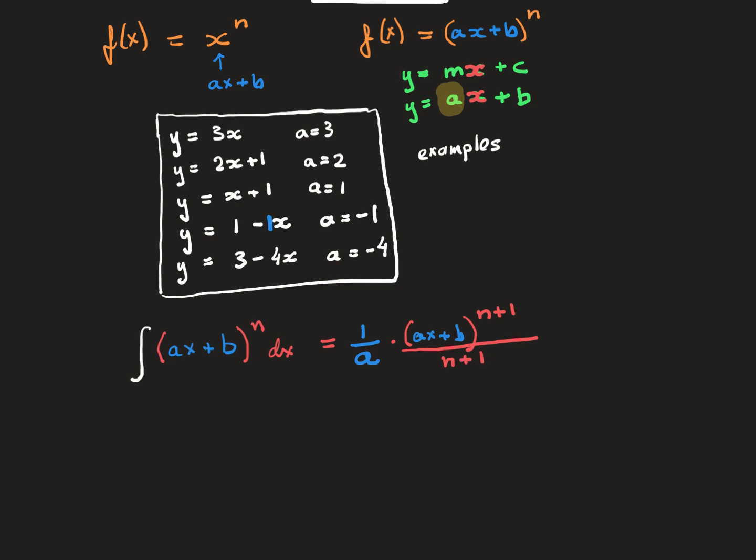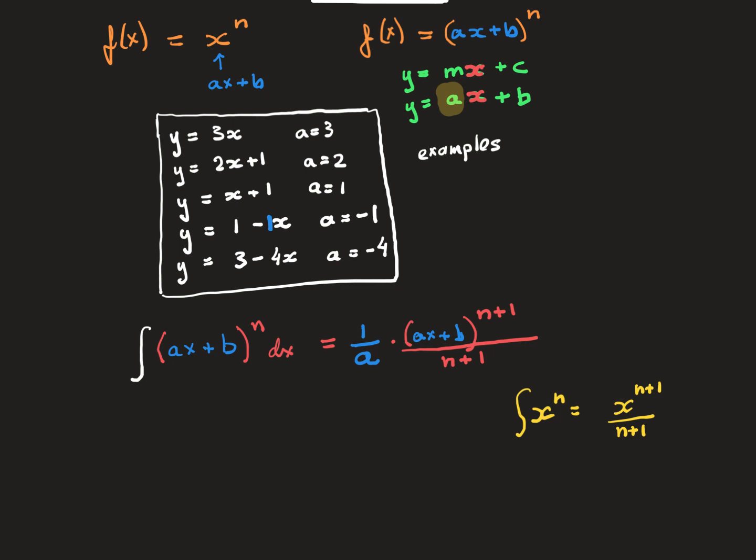Remember, this is what you did to that function x to the n when you integrated that. It became x to the n plus 1 over n plus 1. So similarly, we are using the whole function. We're doing exactly the same thing, except the x is the linear function ax plus b.